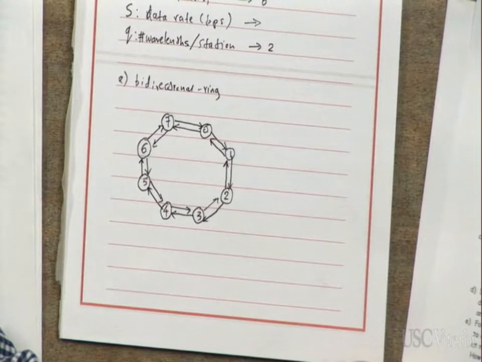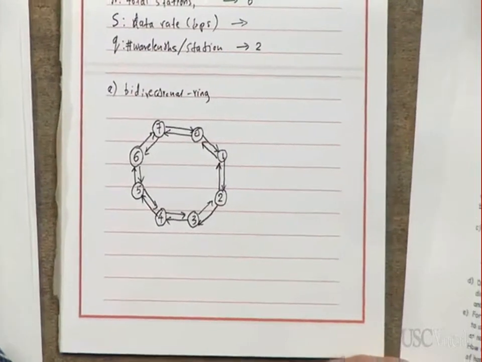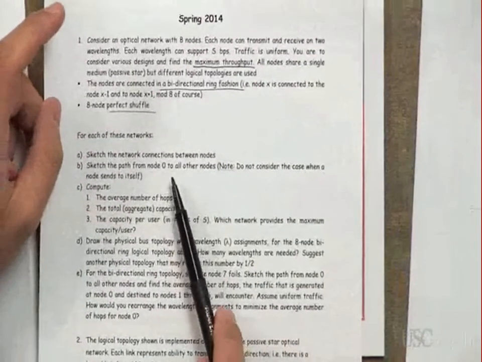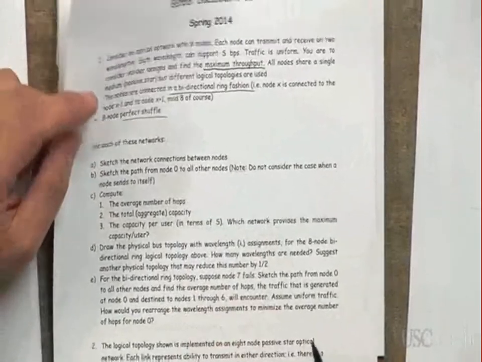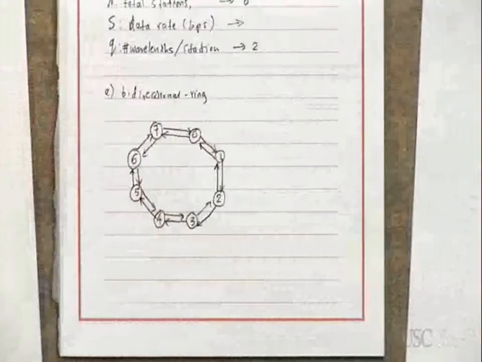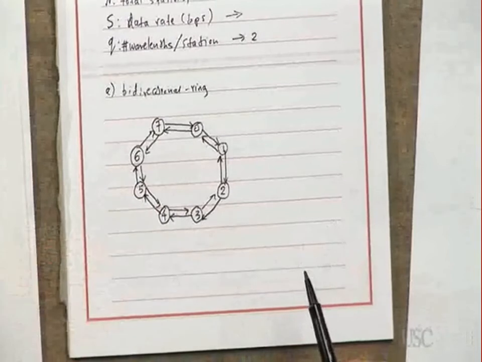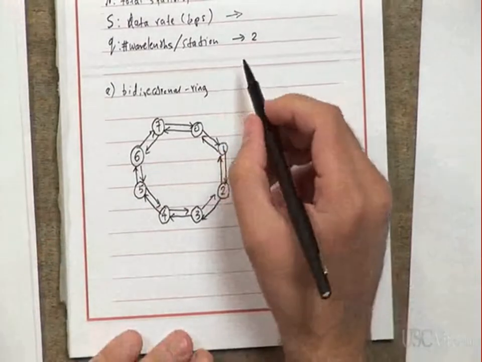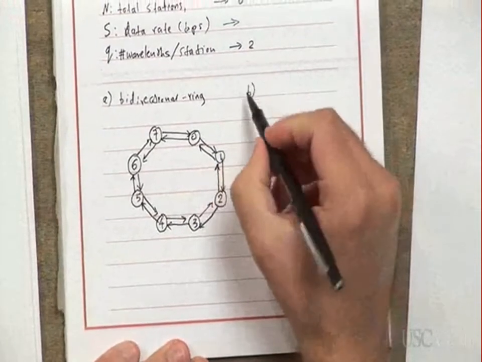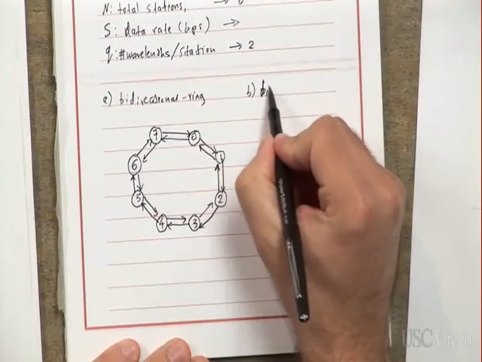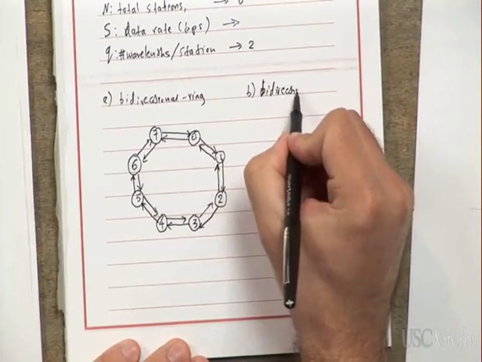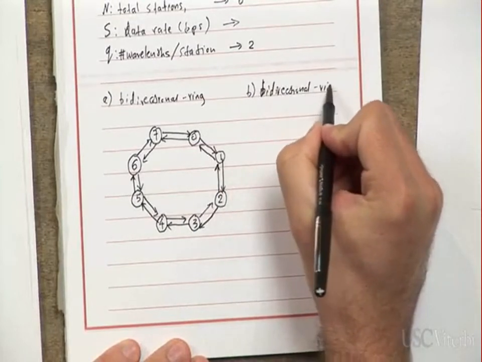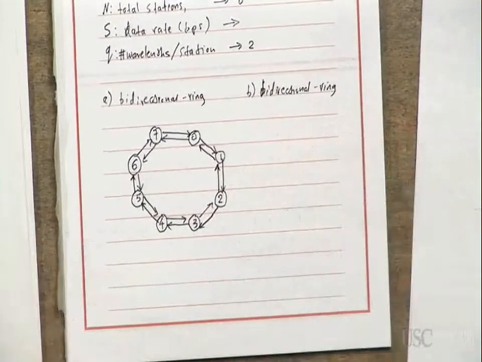Sketch the path from node 0 to all other nodes. We want to sketch a path from node 0 to all other nodes, okay? Let's see A and B for the bidirectional ring, and then we'll do the other case.